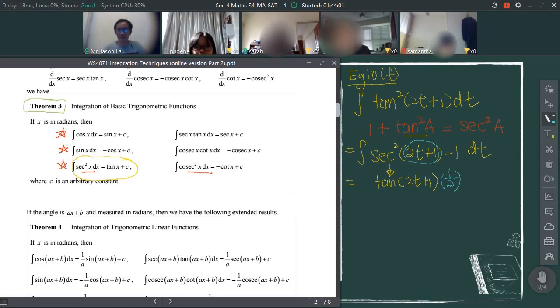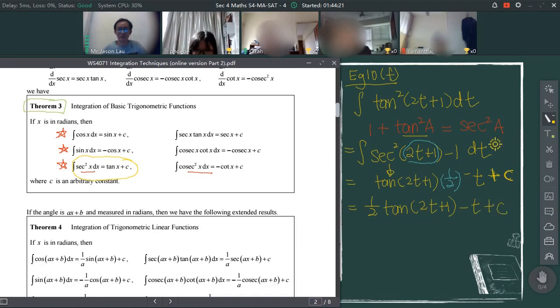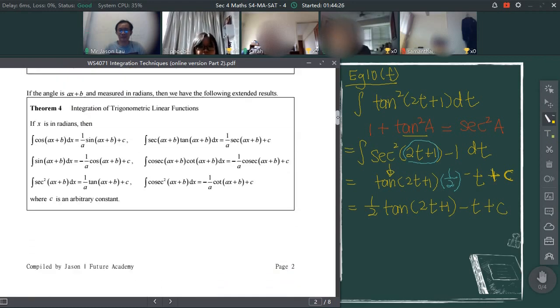Then reverse it, it will be half. Then minus 1 is t plus c. So with this, we simplify a bit. Then that's it. Finish for this question. So it's not that bad.